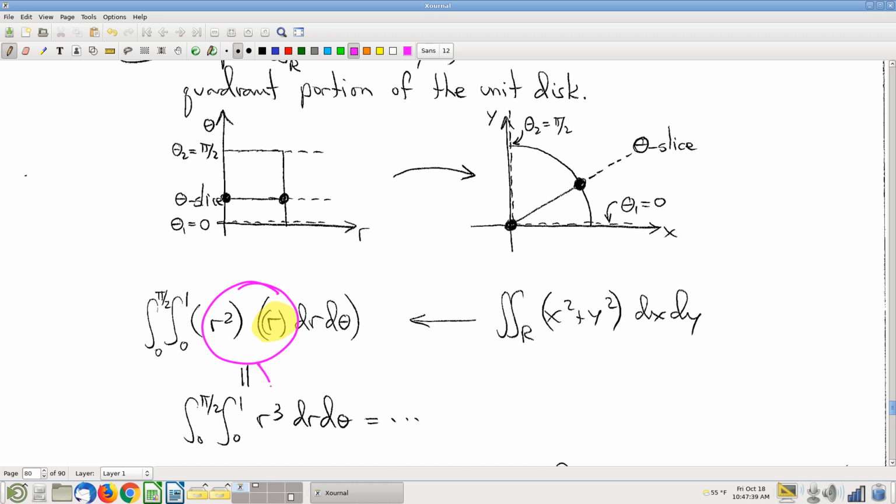So don't forget, that means that what otherwise would have been R squared actually does change in this new integrand. What had previously been R squared turns into an integrand that is now R cubed. So don't fail to do that, right? Your stretching factor is part of your integrand. Okay. Pause. Questions? How we doing?